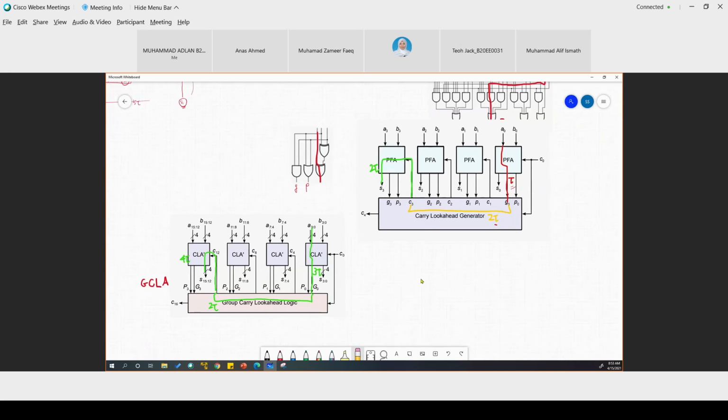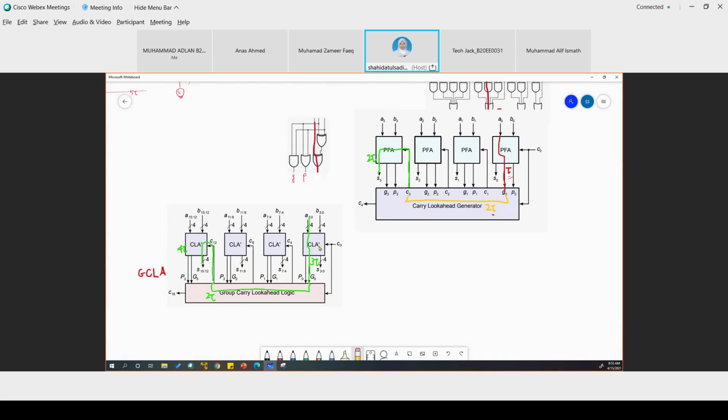Alright, so why is this 3 tau? Why is this 3 tau? Because we are going from A0 to G0, and this is actually from here, okay, here, here until you got the C4, right?